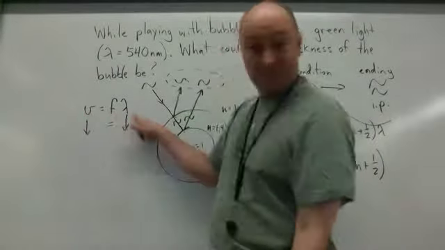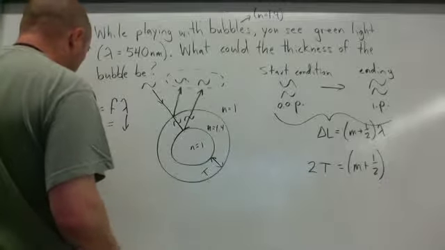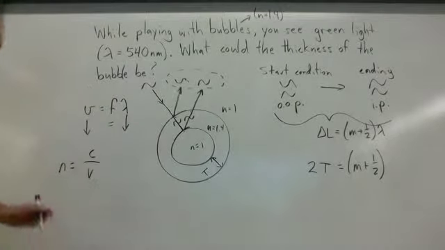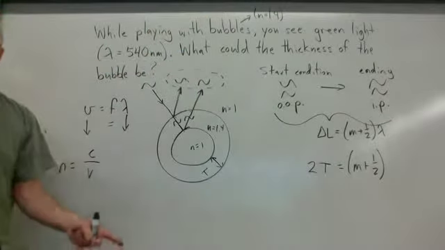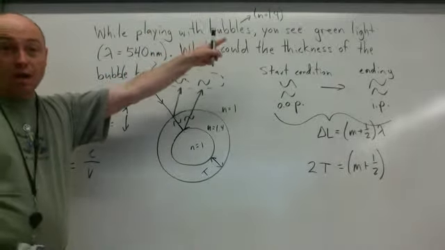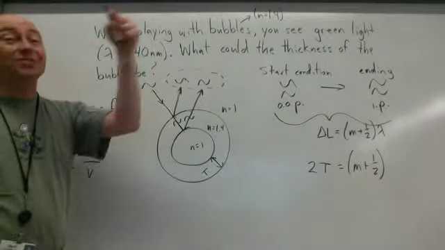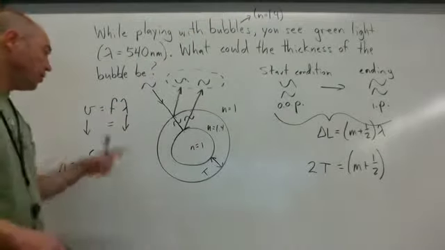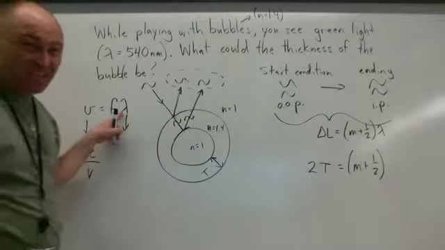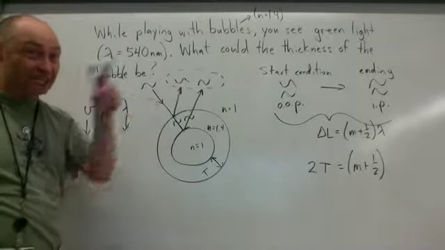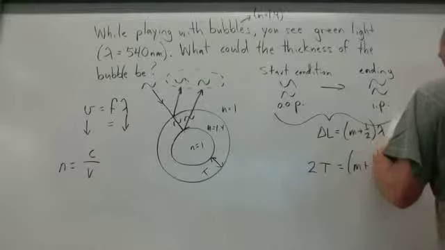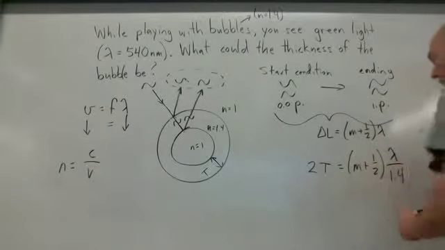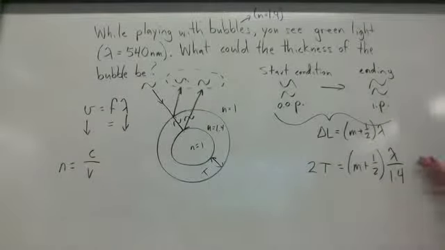Well, this is where you think about the index of refraction. So n equals c over v. Remember, what does index of refraction mean? It means that the light is traveling 1.4 times slower in that medium, which means my wavelength in that medium is going to be 1.4 times less. So it's going to be the wavelength divided by 1.4.